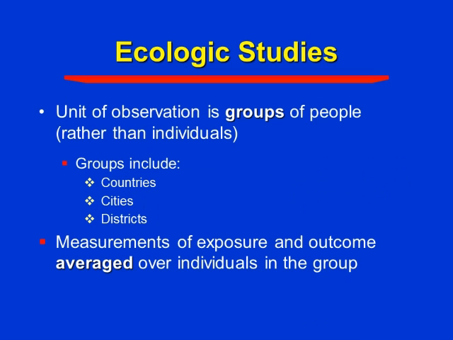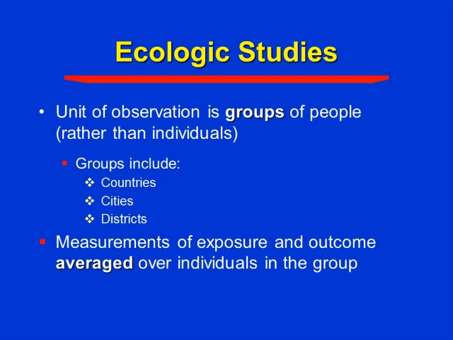So an ecologic study is one where your unit of observation is groups of people rather than individuals. So you're measuring things on a group level. And these groups can include a number of different types of groups. You can have countries, cities, districts, sometimes classrooms.